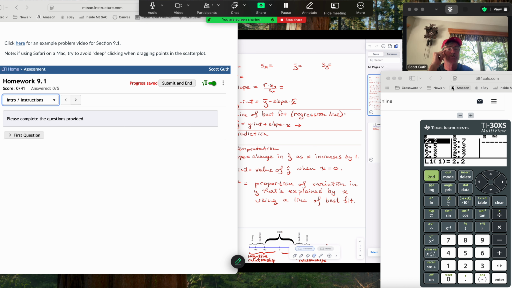Okay, and then back to the iPad here. So for the y-intercept, this is equal to y bar. Y bar is 4.7, minus the slope, which is going to be a double negative.